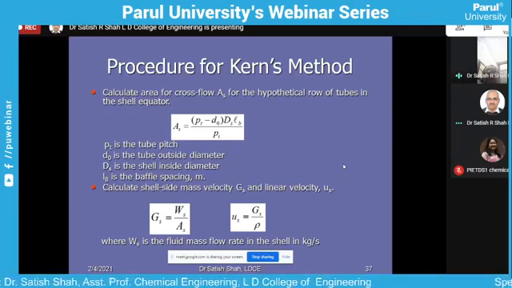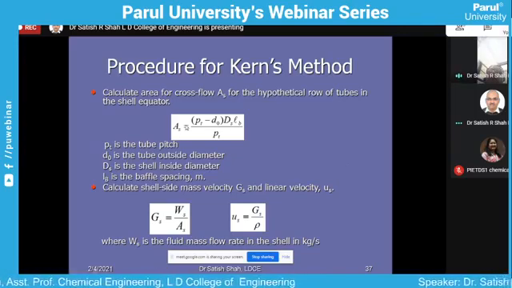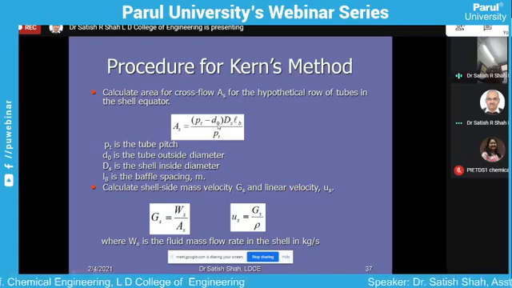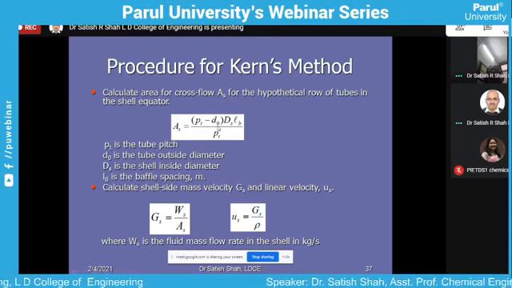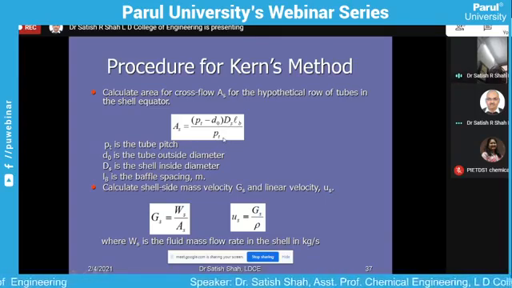When you want to do the heat transfer coefficient calculation, you start with calculation of AS. How do you calculate AS? That is (PT minus DO) into DS into LB upon PT. See, basically how this has come: PT minus DO is the clearance, DS by PT is the number of clearances available at the center, and LB is the baffle spacing.